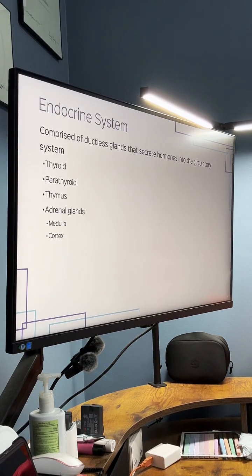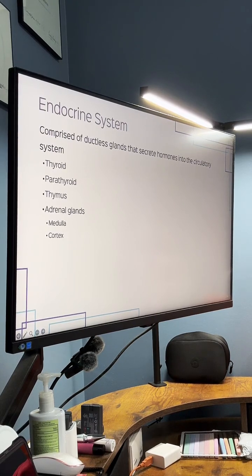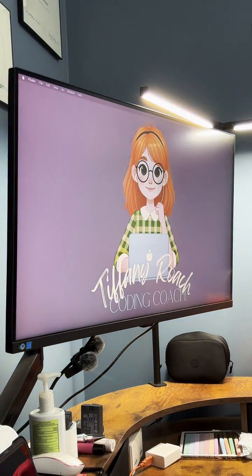The endocrine... No, hang on. I do not like the way that this is. So I'm going to X out of here really quick, do a couple of adjustments to the slide, and then we will get back into it. Parathyroid.